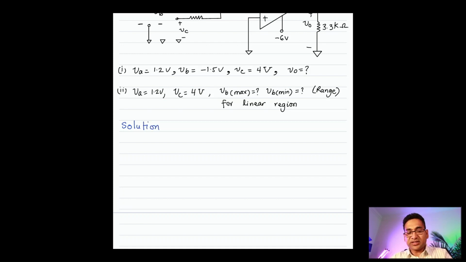The solution is pretty straightforward, at least for the first part of the problem. I'm not going to do a lot of analysis.